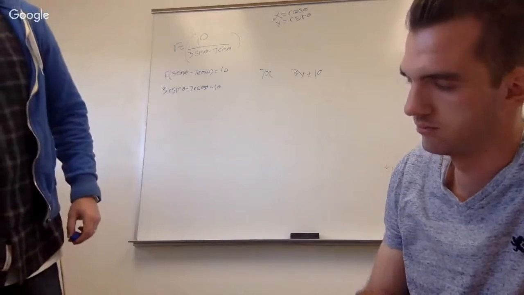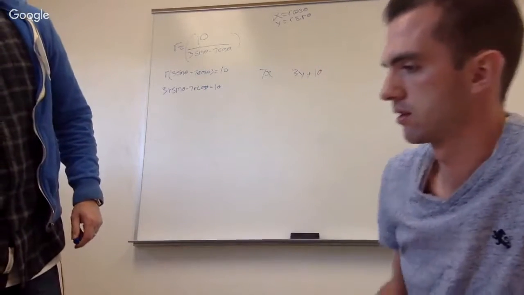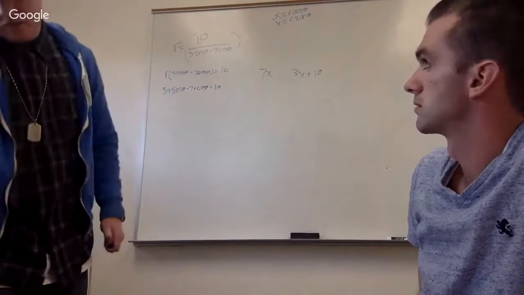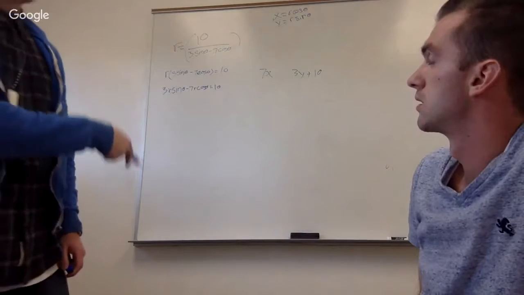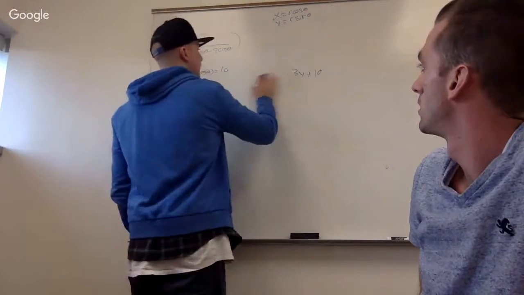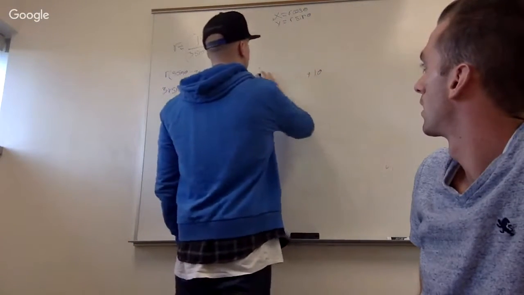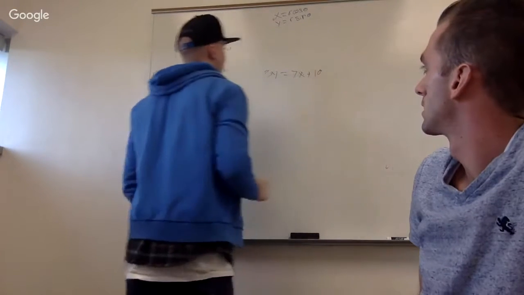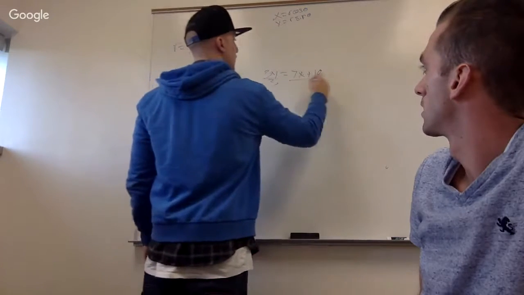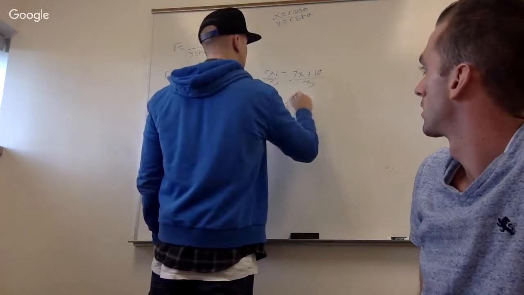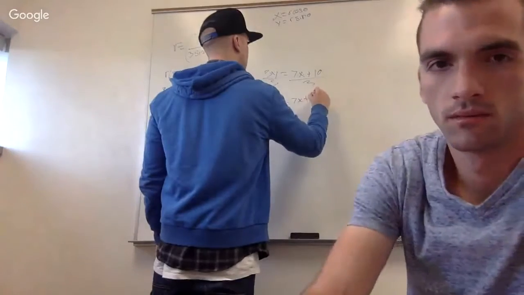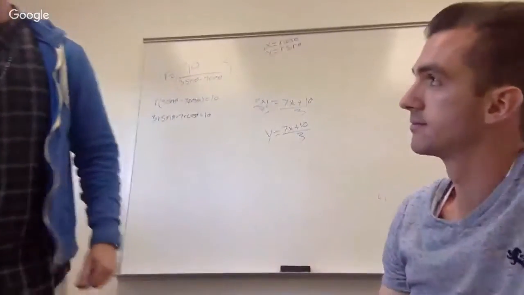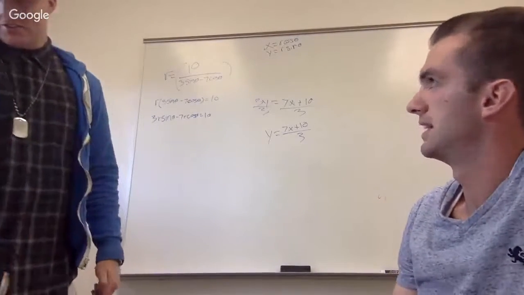So we know we have that. The other thing I'm looking at is y, because there's nothing in front of sine. You're exactly right. So it would be 3y equals 7x plus 10. The way we can check our problem is we can go backwards.